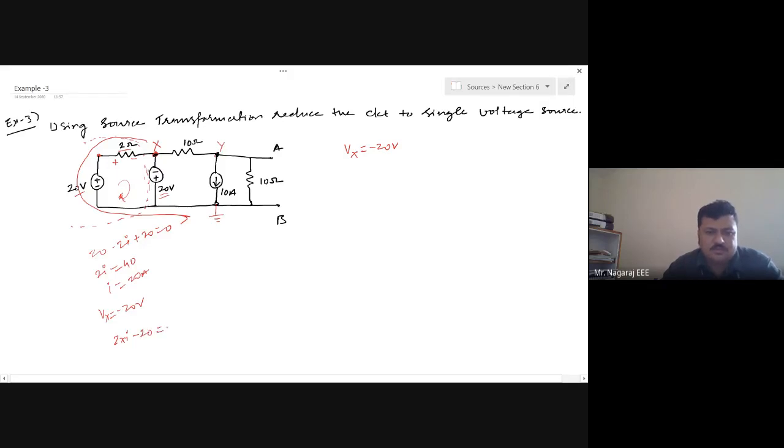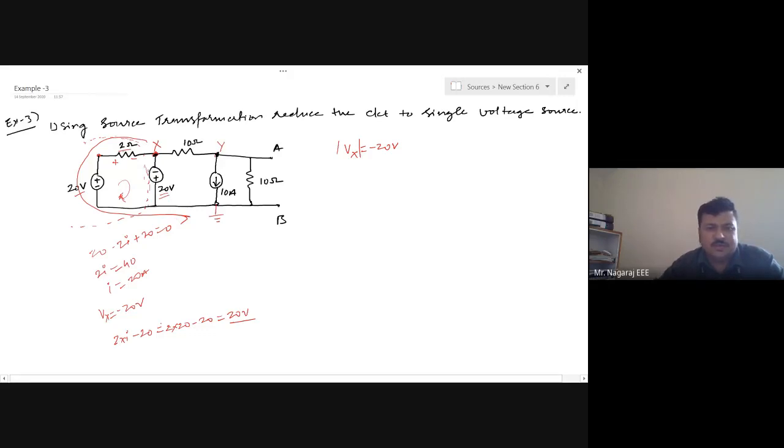What do I get? 2 into 20 minus 20 is equal to 20 volts. Is it? Vx is equal to 20 volts. Magnitude of Vx is equal to 20 volts. And if I apply KVL through this branch, then also I will get Vx equal to 20 volts.